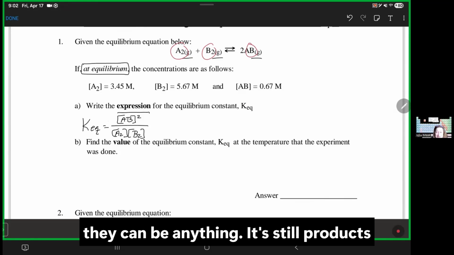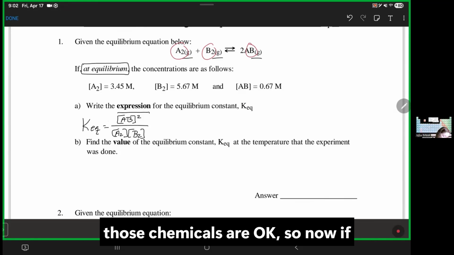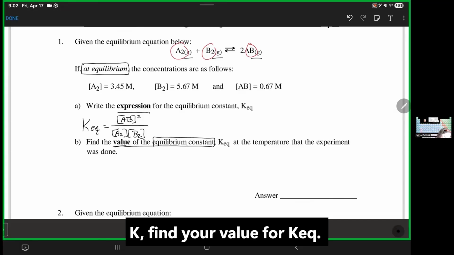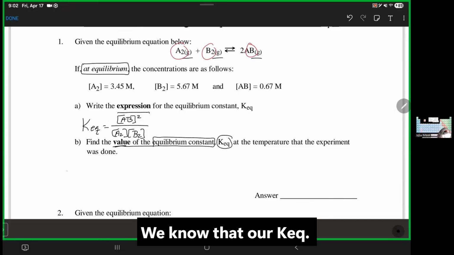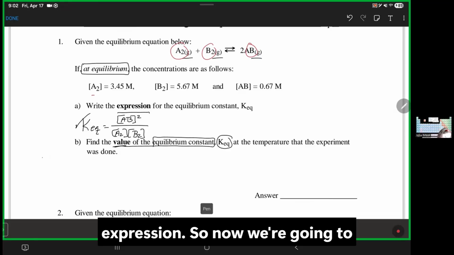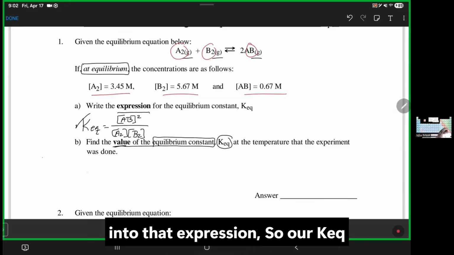They can be anything. It's still products over reactants. It doesn't matter what those chemicals are. Okay, so now if we're going to find the value for KEQ, we know that our KEQ is that. That's our equilibrium expression. So now we're going to plug in our concentrations for those into that expression.